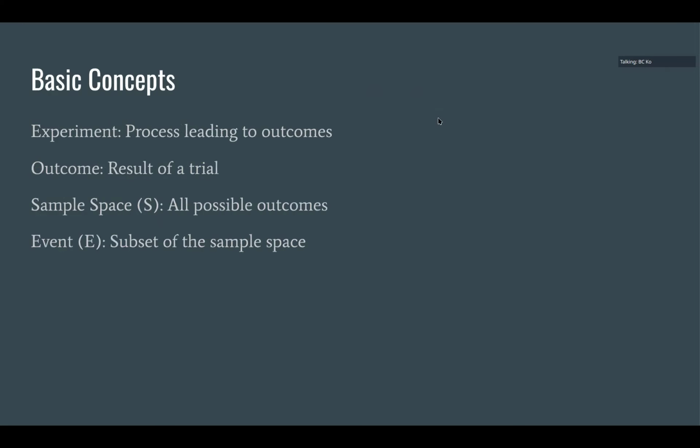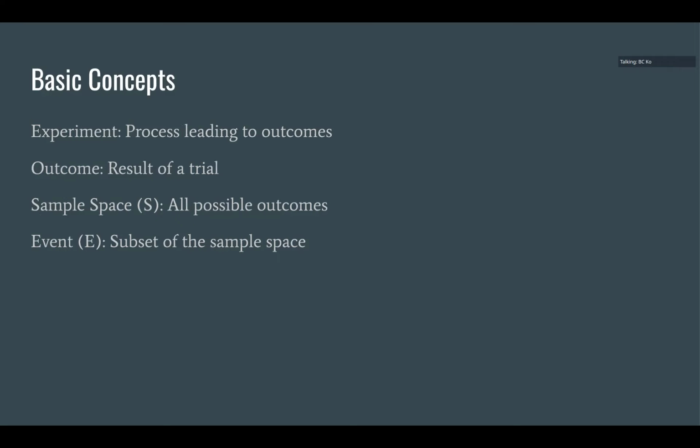Basic concepts. So let's start with some basic concepts in probability. Let's go over an experiment first. An experiment is a process that leads to the occurrence of one and only one of several possible observations.